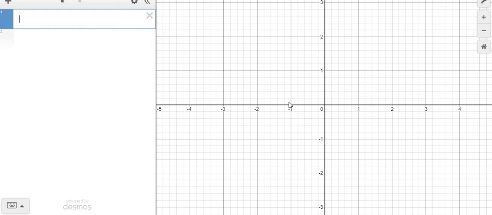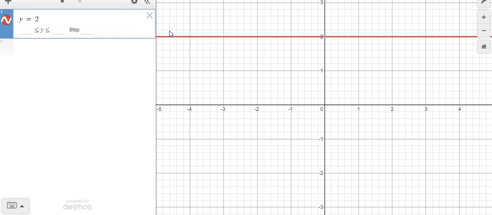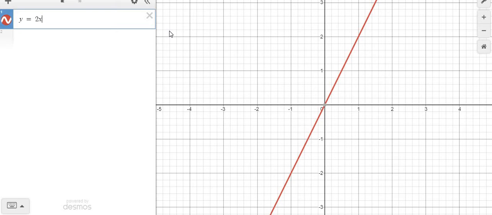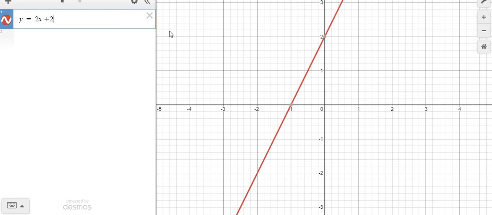I'm going to type in y equals 2x plus 2. As you can see, it made its way through the points we plotted. So that's how to graph a line.